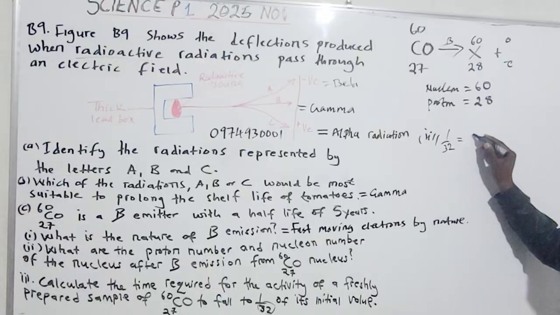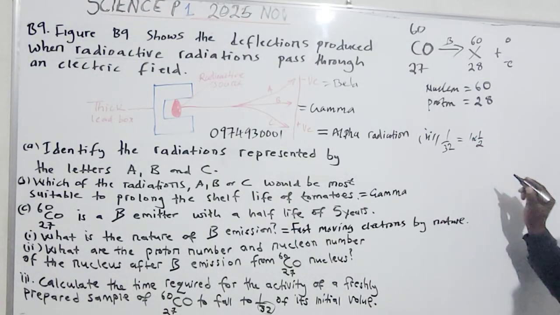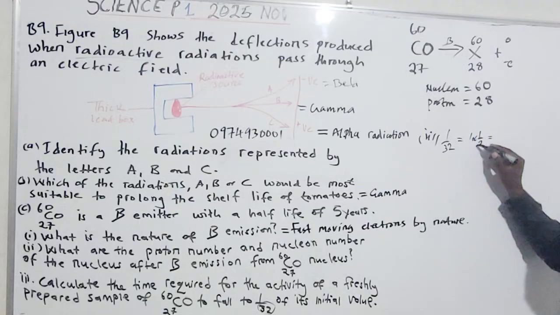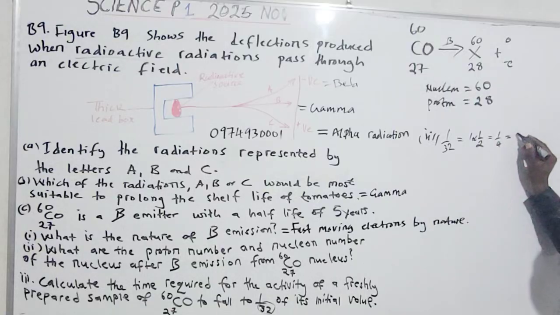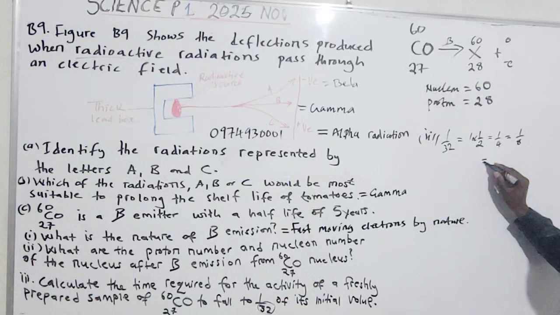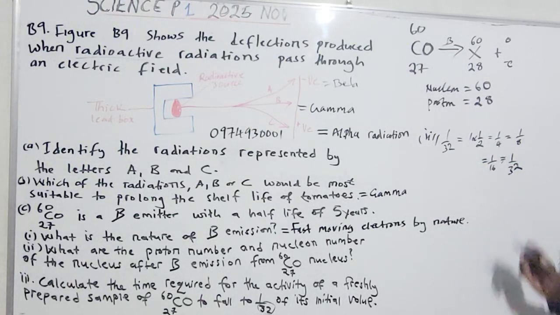So we are going to multiply 1 by half. Then half by half, which is 1 over 4. And then by half, this will be 1 over 8. Again by half, this will be 1 over 16. Then by half again, this will be 1 over 32.